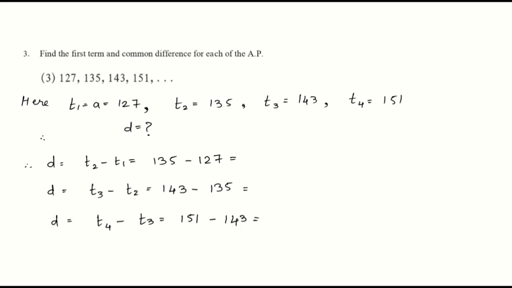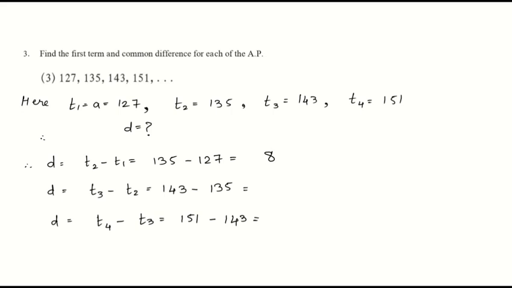The AP is already given and here we have T1 is equal to A is equal to 127, T2 is 135, T3 is 143, T4 is 151. We need to find the difference. So to find the difference, first we will take T2 minus T1, which is 135 minus 127, we will get as 8.